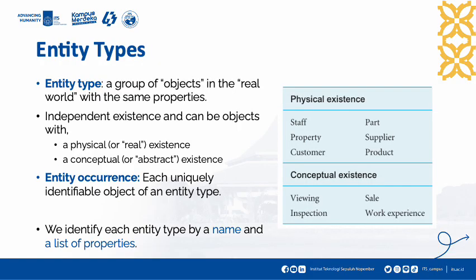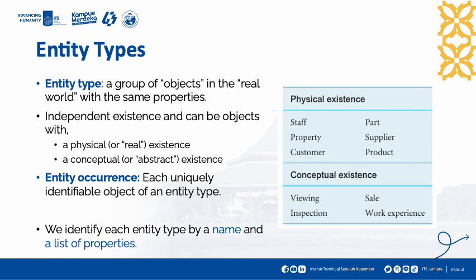Right, so the basic concept of the ER model is the entity type, which represents a group of objects in the real world with the same properties. An entity type has independent existence and can be an object with a physical existence, like staff, property, customer, etc., that you can see physically exist, and it can also be an object with a conceptual existence, like viewing, inspection, etc. There's also a term called entity occurrence.